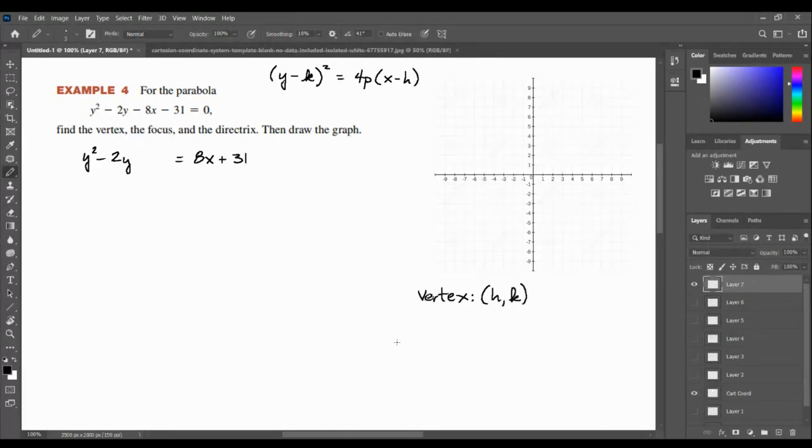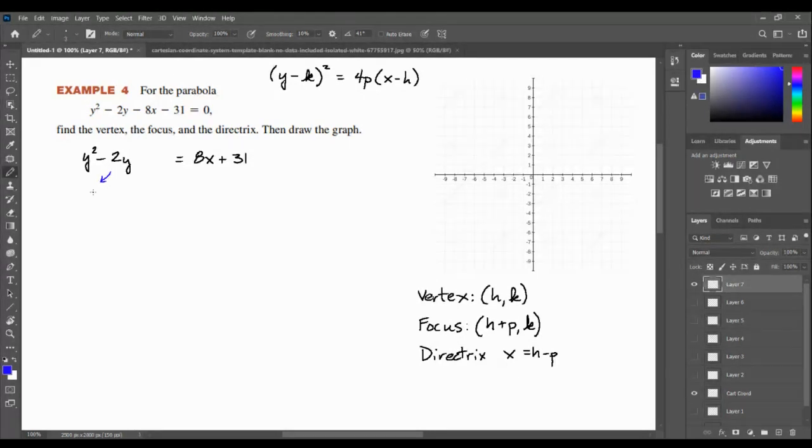Because y is squared, I'm going to look at the information below the dashed line on the formula sheet, where it tells me the focus is (h plus p, k), so we're keeping k. And the directrix is x equals h minus p. And you'll see that when we graph it out.